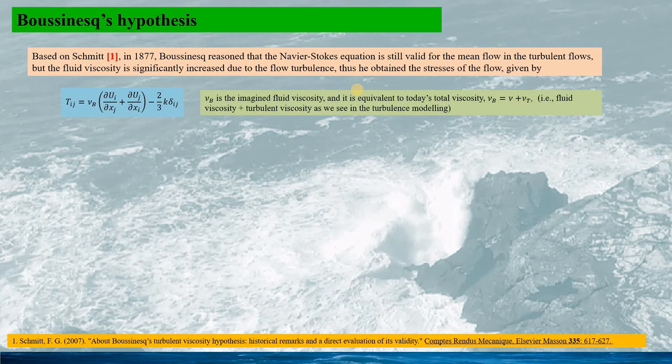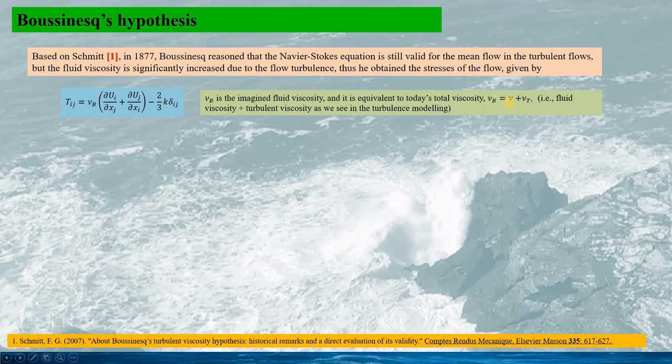Thus, he obtained the stresses of the flow given by this Tij, meaning the fluid velocity gradient of the mean velocity. Here, nu b is the imaginary fluid viscosity, and it is equivalent to the total viscosity.